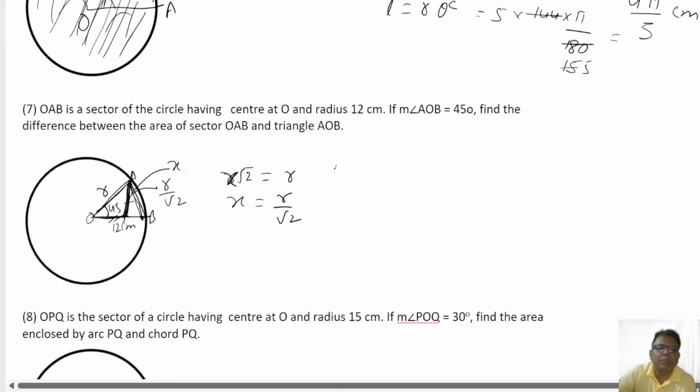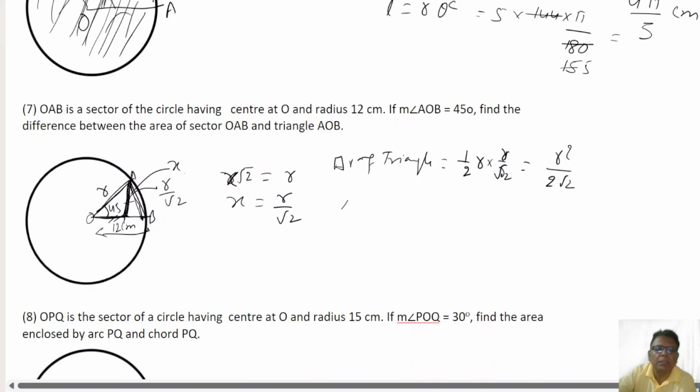So the area of triangle is equal to half into r into r by root 2, the base and the perpendicular, so r square by 2 root 2.